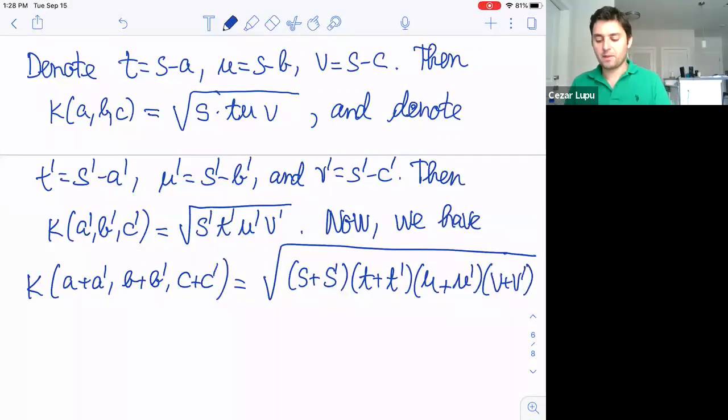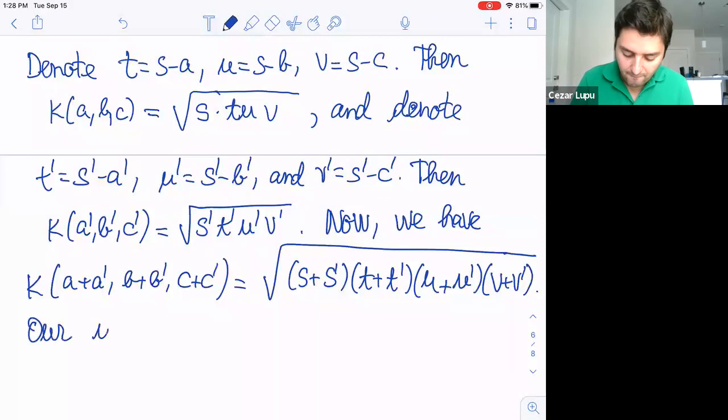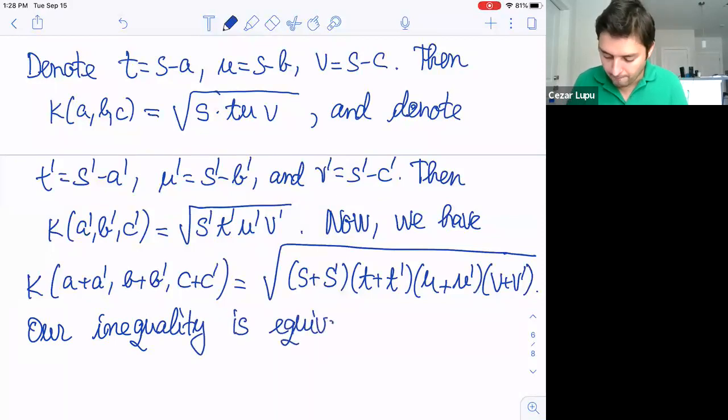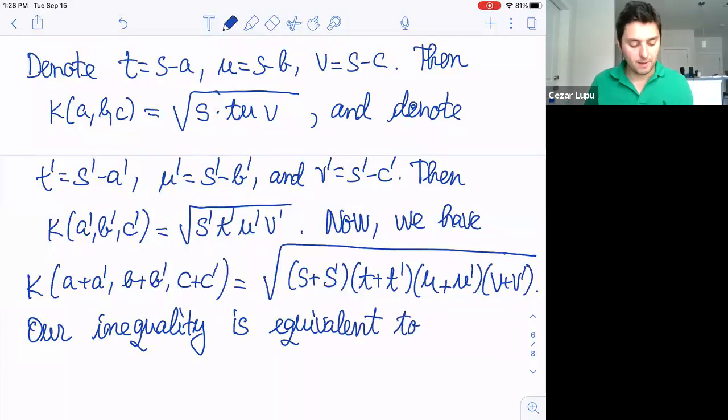Like Nadia says. And now, keep in mind that I have to prove the square root of this. So our inequality will be equivalent to what? Let's see.